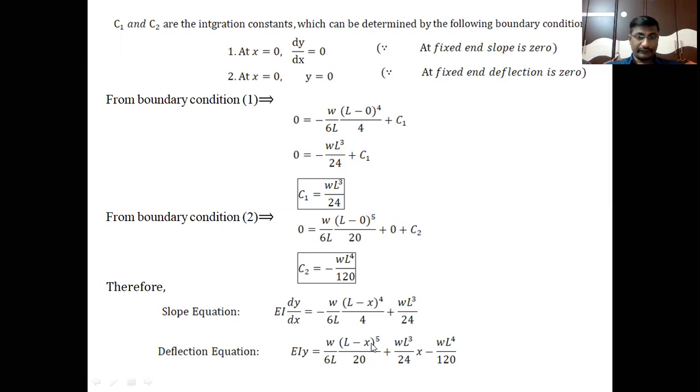Similarly, if you substitute L in place of x in the deflection equation, L minus L is 0, so this term is 0.